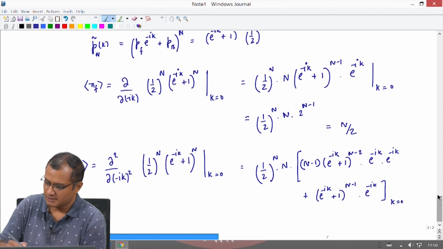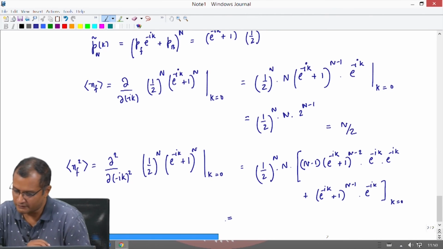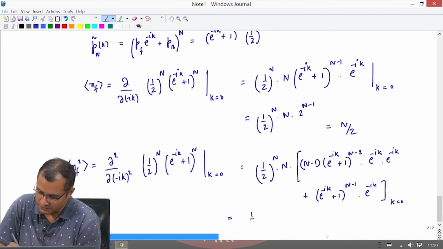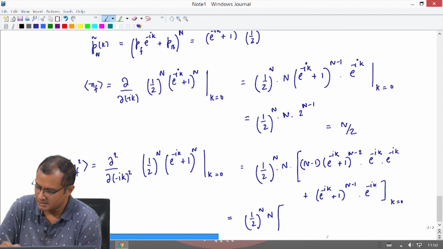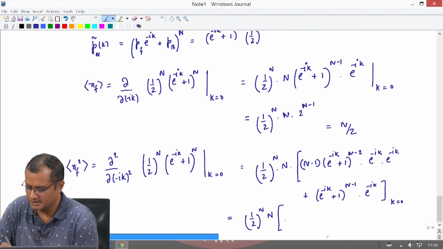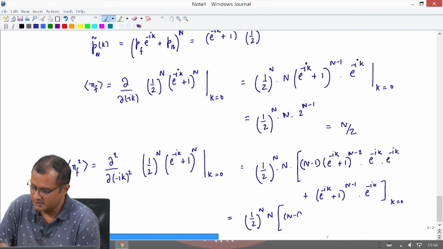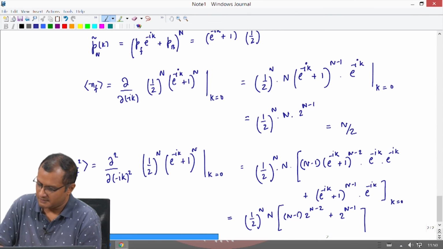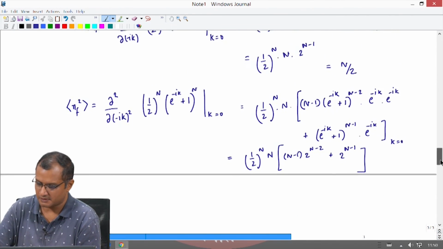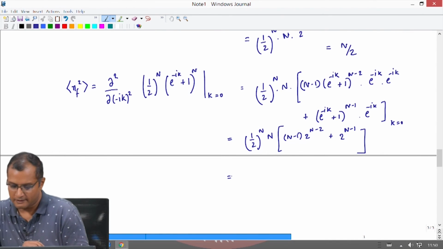Fine. So, if you put k equals 0, what you have outside remains 1 half to the power n into n. Let us see what happens to the inside. You have n minus 1 into 2 raised to n minus 2 plus 2 raised to n minus 1, that is it.